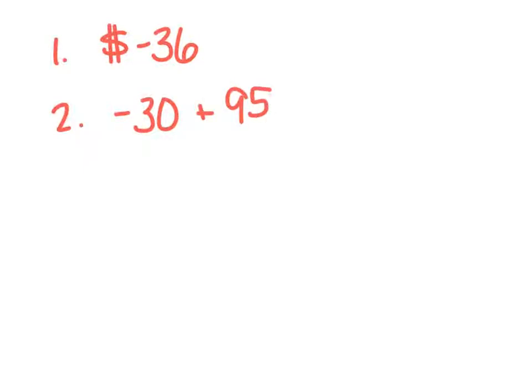We already did the first word problem together, which gave us a balance of -$36. The second word problem should have been -30 plus 9,500, resulting in a positive 9,470 meters.